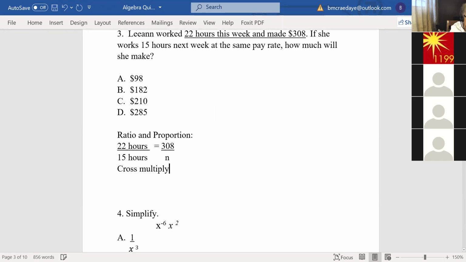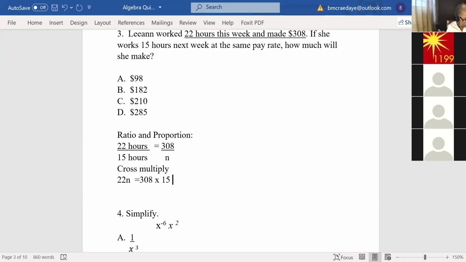And what do you get? 22 times N, Audrey, is what? 22N, side by side multiplication. And then 308 times 15.